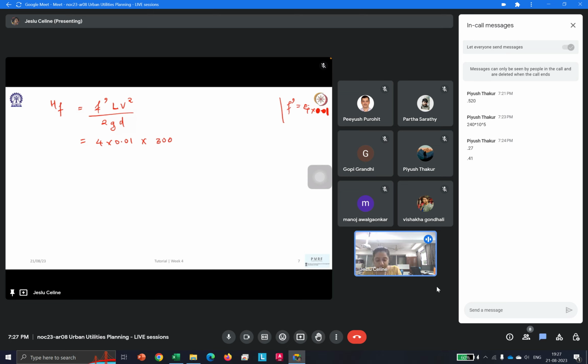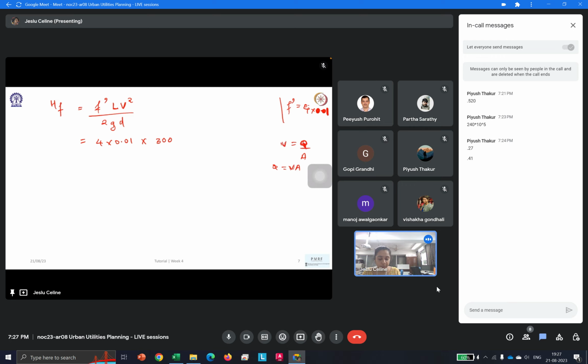Now V square. V is the velocity, not volume. We do not know the V value, we just know the Q value. We know that V is equal to Q by A, or Q is equal to V into A. So we know the volumetric flow, but not the velocity at which it's moving.